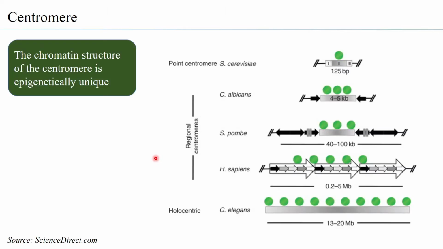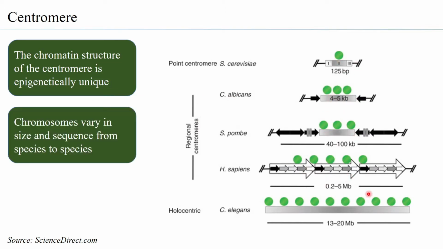Now, when you look at the chromatin structure of the centromere, you see that there are different sizes of the centromeric region. For example, in Saccharomyces cerevisiae, the centromeric fragment, that means the DNA elements, comprises only about 125 base pairs.